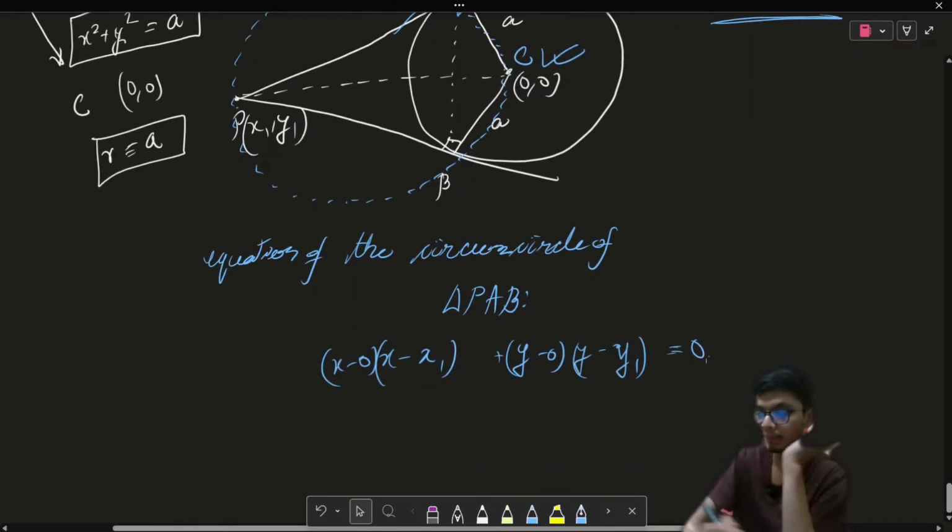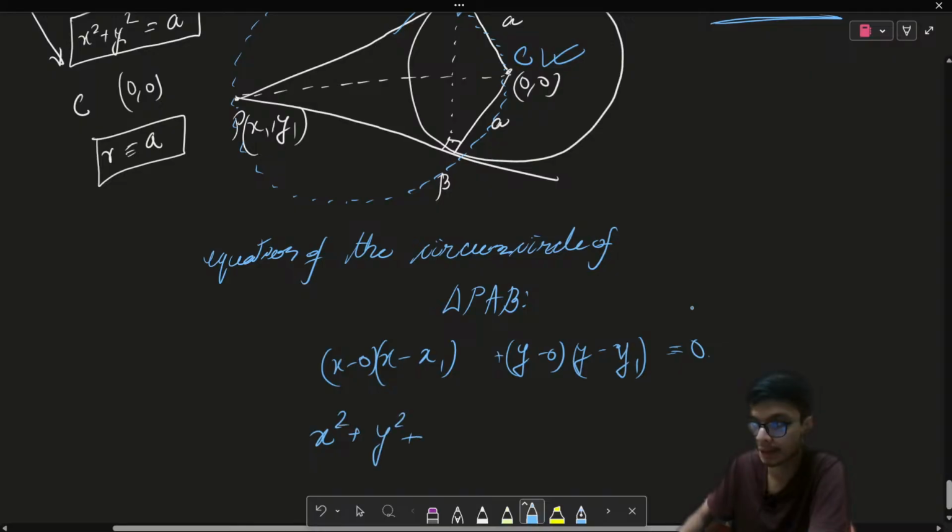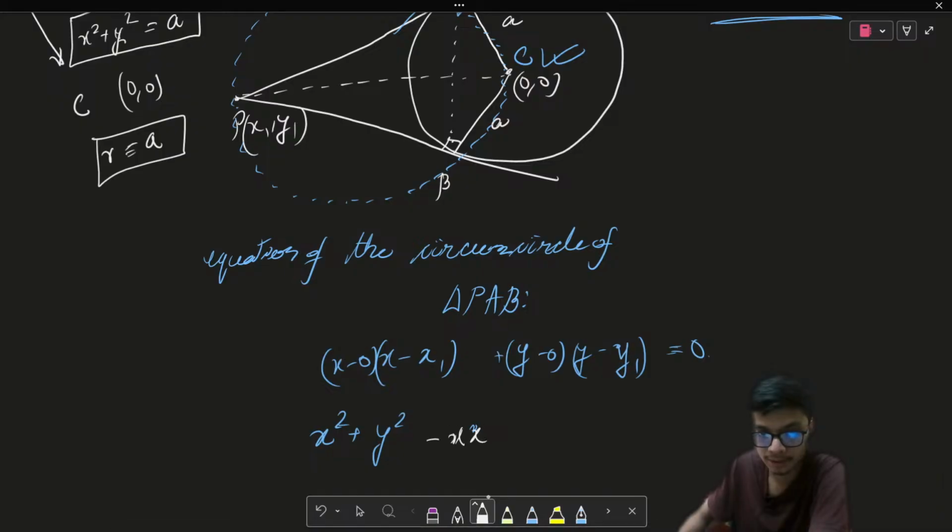If I simplify this, it comes out as x square plus y square minus x1 x minus y1 y equal to 0, right?